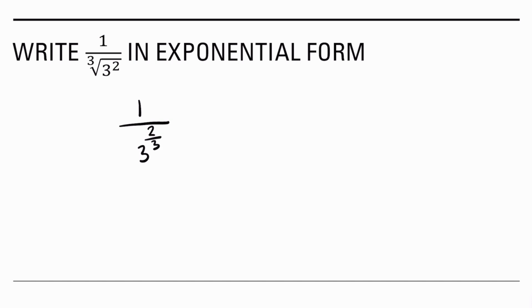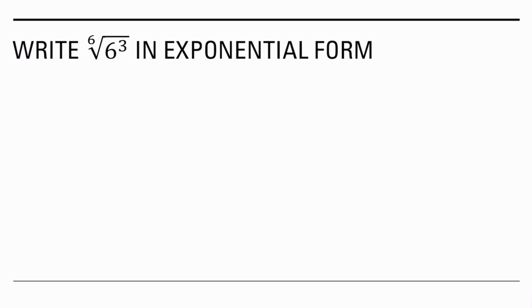We could write this as 1 over 3 to the power of 2/3. That means the same thing. We can also write this as 3 to the power of negative 2/3. Either of those options are okay. I would prefer to present them with not a negative exponent, so I would prefer the first.